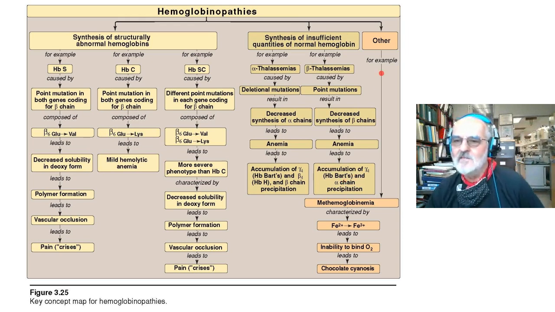And then there's some discussion of methemoglobins. There are some mutations that lead to this. There are some drugs that lead to this. There's some cyanosis that occurs in terms of diagnosing this. And so these are the various things in an overview that we have talked about.